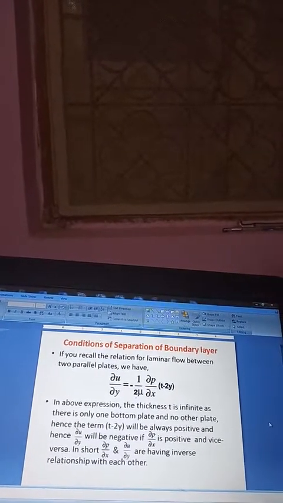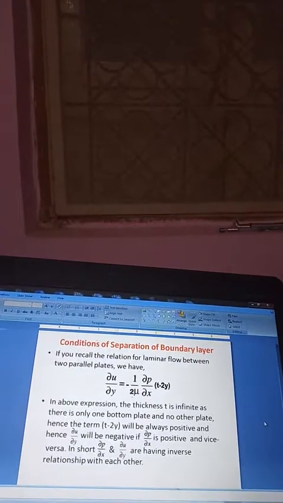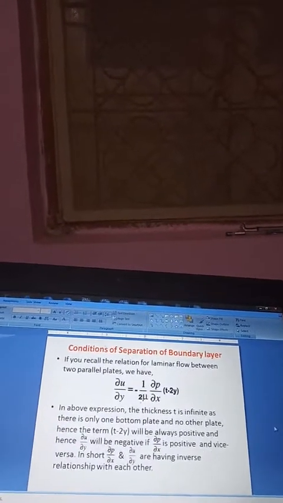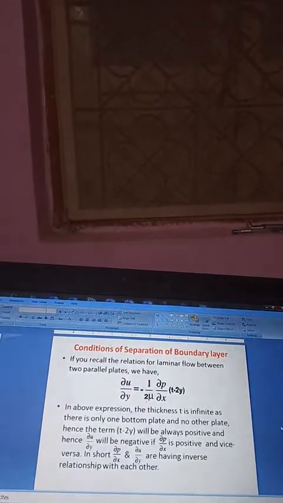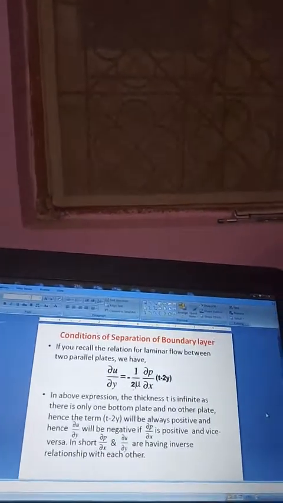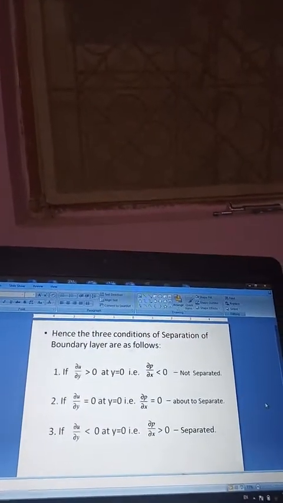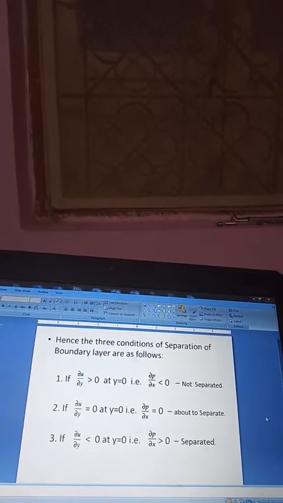Why am I telling this? Because the conditions for separation of the boundary layer are more related to the velocity variation than the pressure gradient or the pressure variation, because we have seen the velocity profile and we know the equation for velocity. So here are the conditions for separation of the boundary layer.